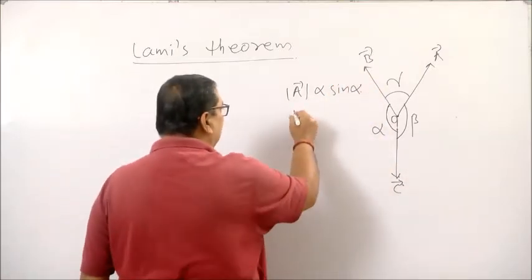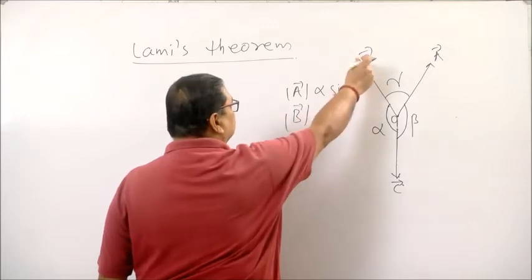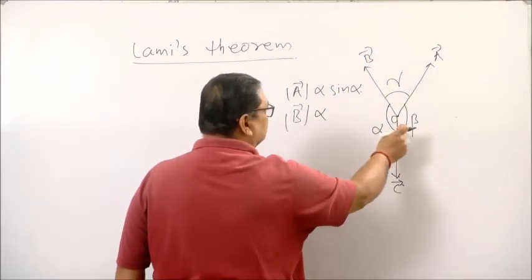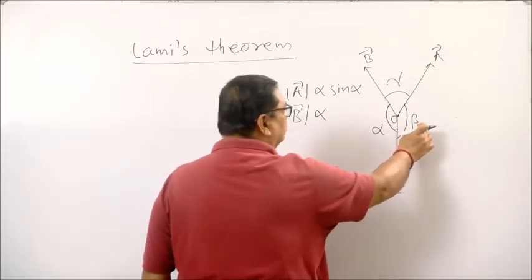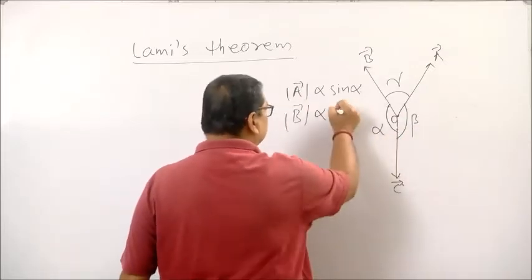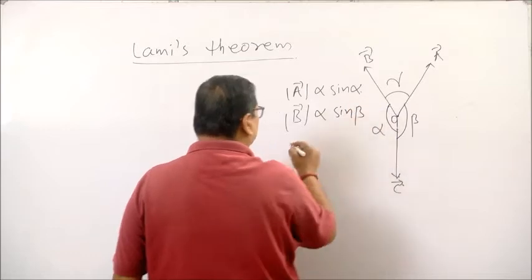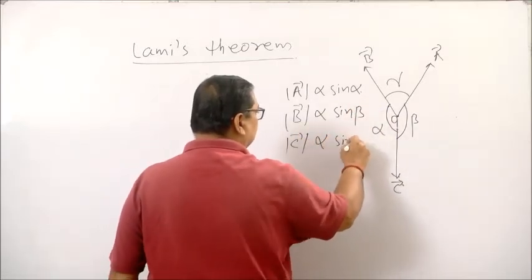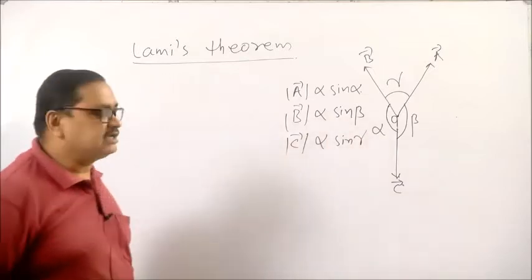Similarly, modulus of B, magnitude of vector B, is directly proportional to the sin value of the angle between the other two vectors A and C, that is sin beta, and modulus of C is proportional to sin gamma similarly.